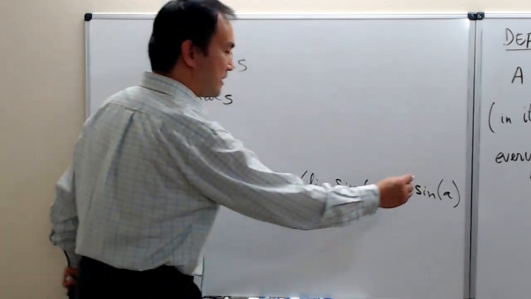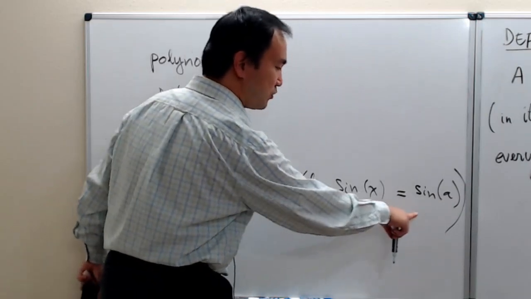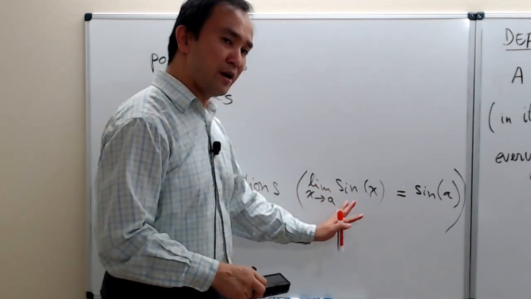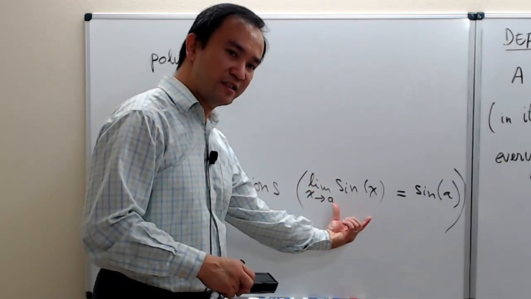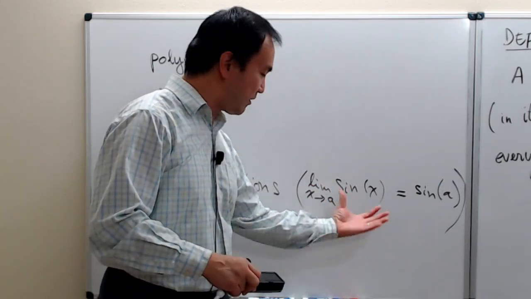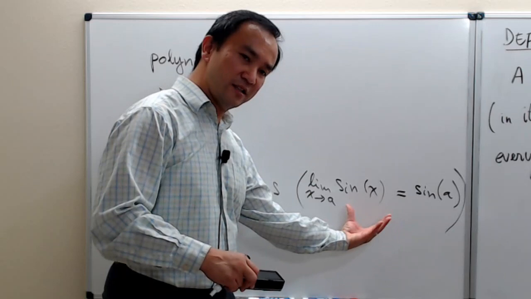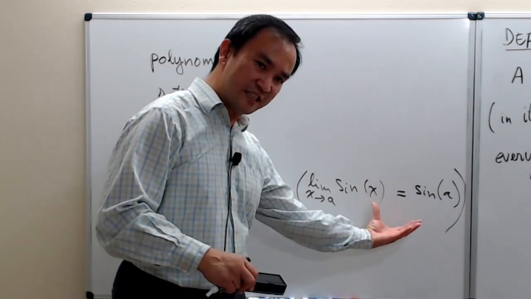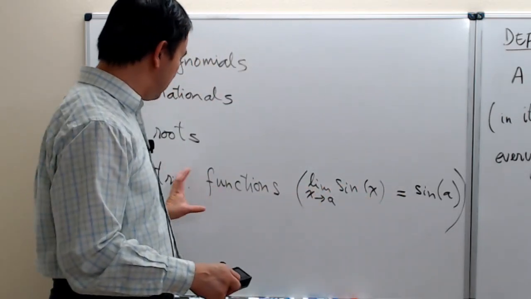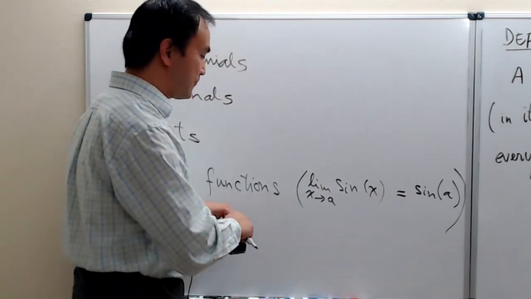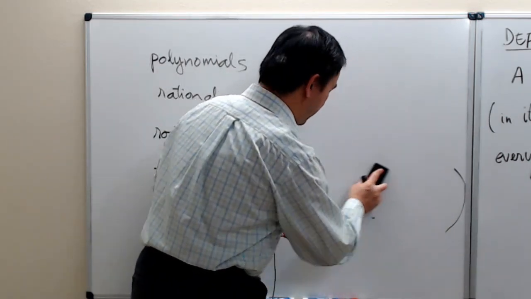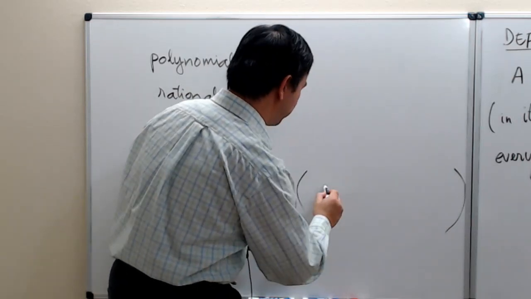Blending that with our understanding of continuity, this is now an explanation for why our trig functions are continuous in their domain.